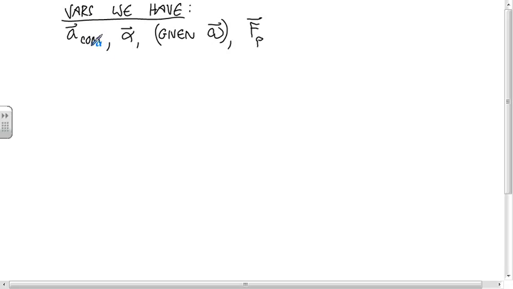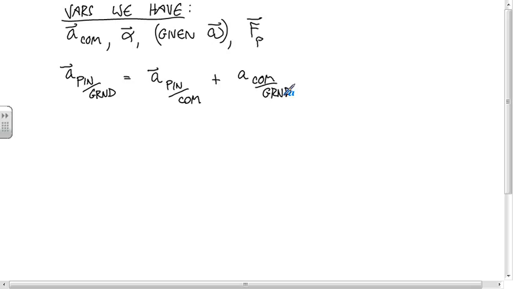So notice that the acceleration of the pin is equal to, okay, think of it this way. The acceleration of the pin relative to the ground is equal to the acceleration of the pin relative to the center of mass plus the acceleration of the center of mass relative to the ground.